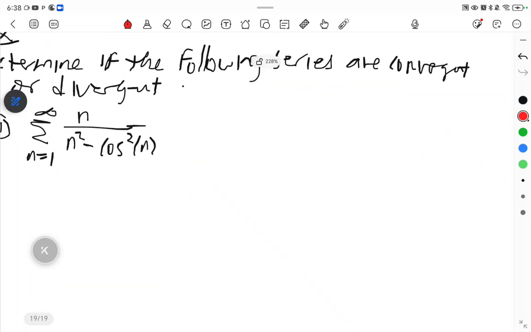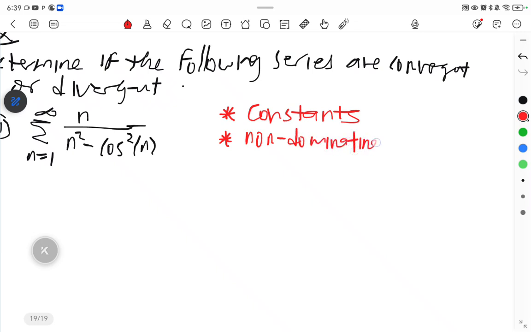We have constants, we have non-dominating terms, and we have dominating terms. So when we reduce, usually I focus on the denominator.